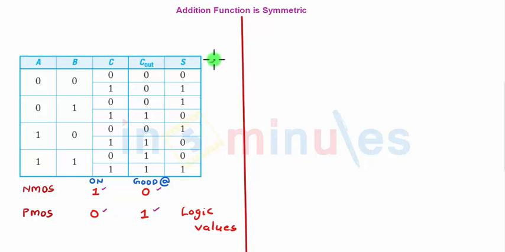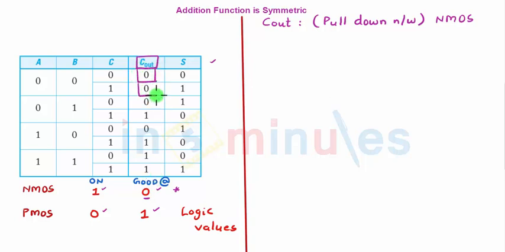So let's get started. The first thing we will talk about is the expression of Cout for my pull down network. Pull down network is nothing but NMOS, remember that. NMOS is good at producing a 0, and we are talking about Cout, specifically the 0 outputs. So let's highlight those cases.